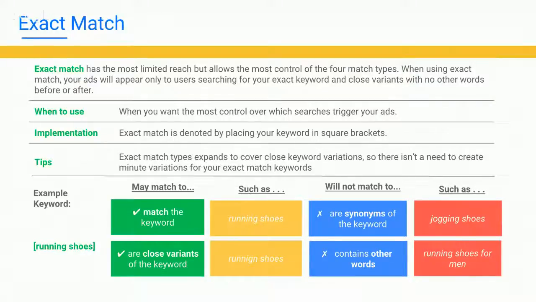So there can't be any words before, in between, or after those terms that you have in your keyword. It would only show when somebody's typing in running shoes or close variants of that keyword, like shoe or shoes. But it's not going to show if somebody's typing in running shoes for men, for example. Even though running shoes is in the search, your exact match keyword didn't specify for men, so your ad would not show in that case.